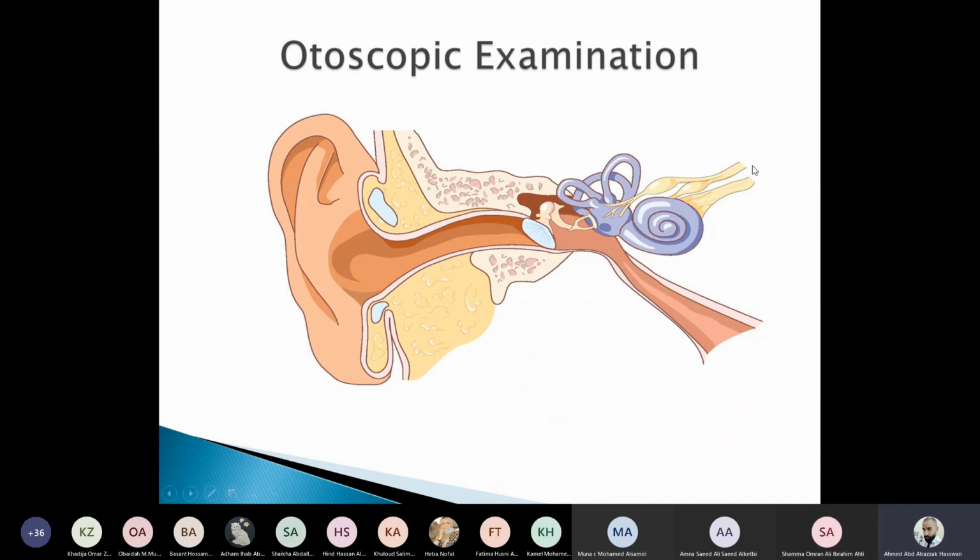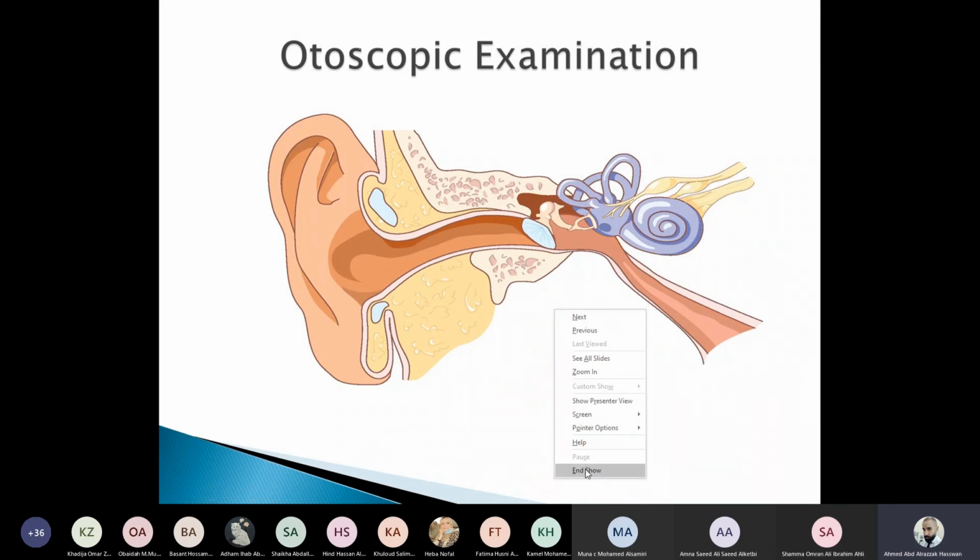Any condition that affects either the 8th cranial nerve or its central centers is called sensory neural. So in comparison to conductive hearing loss, where we have blockage of the pathway, sensory neural is usually a problem of the nerve or the higher centers, the brain itself.